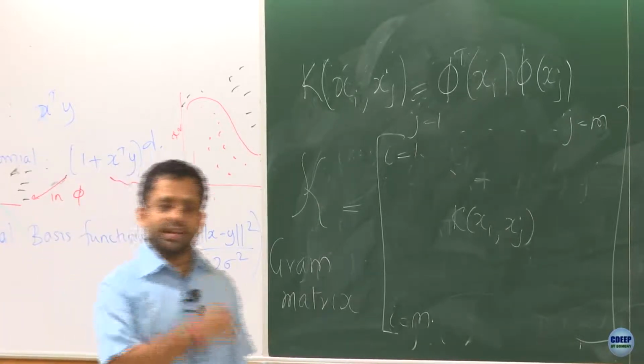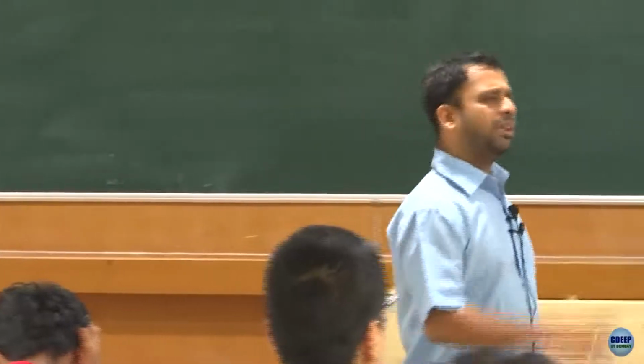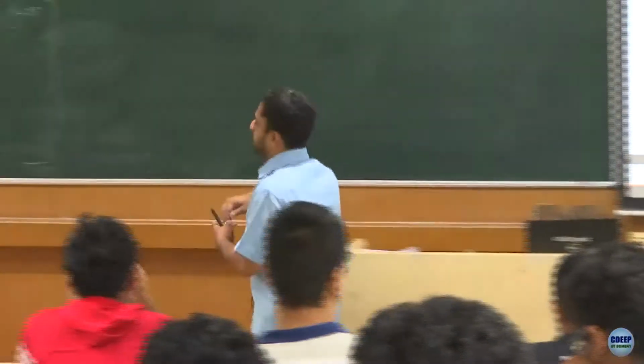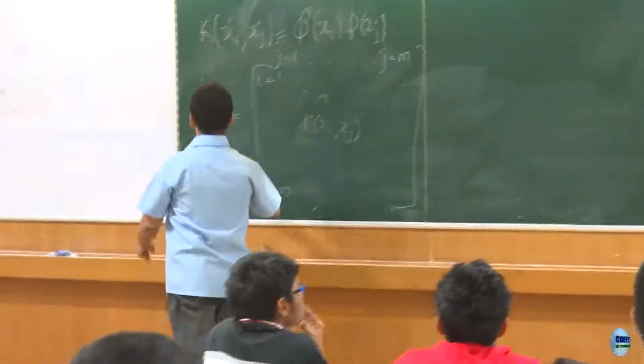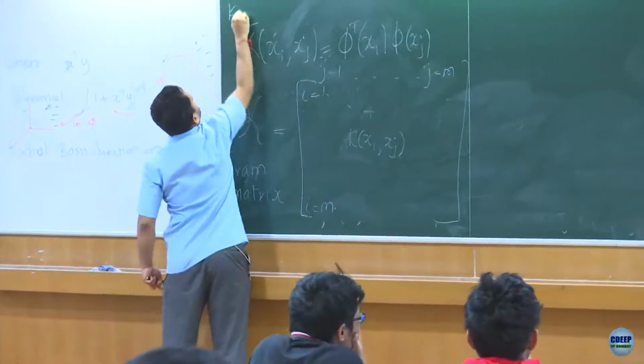What are the properties I expect this to have? What are the properties I expect the k function to have? So we have two views. This is the gram matrix or the kernel matrix. This is called the kernel function.